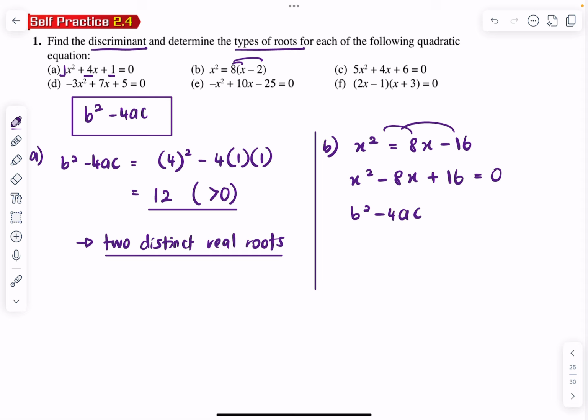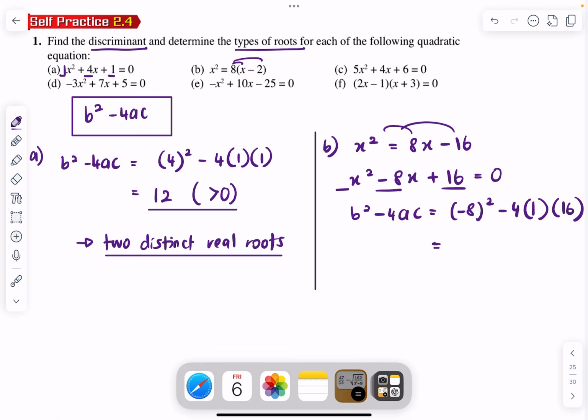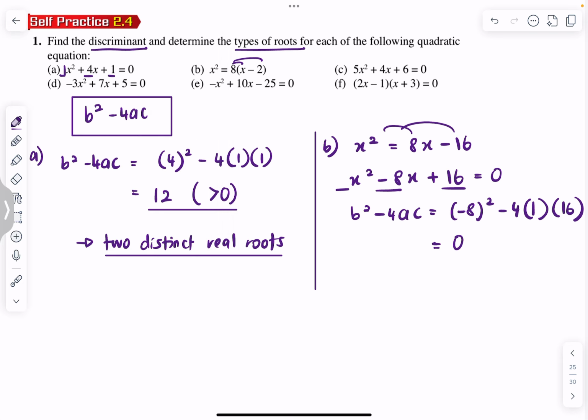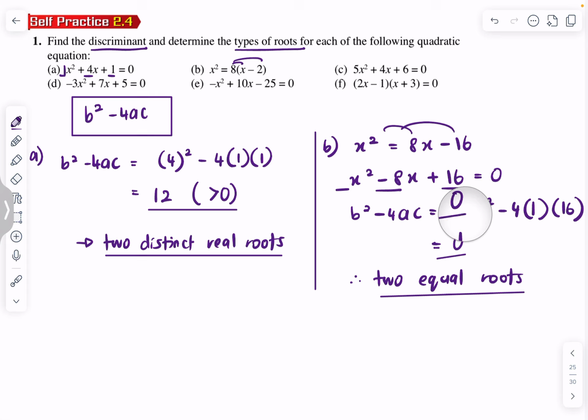So b square minus 4ac will equal to negative 8 square minus 4, A will be 1, C will be 16. Negative 8 square minus 4 times 1 times 16. We get 0. So if b square minus 4ac is 0, that means we will get two equal roots. Done.